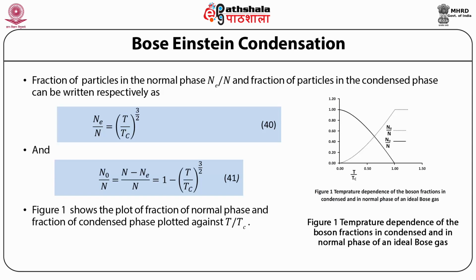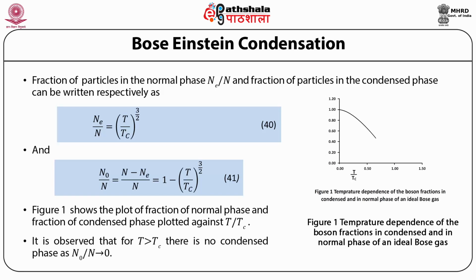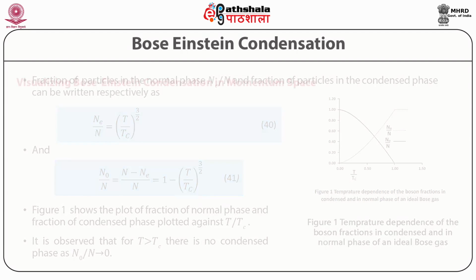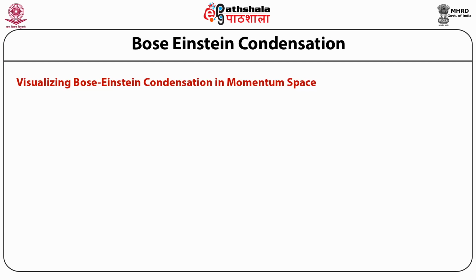Figure 1 shows the plot of the fraction of normal phase and the fraction of condensed phase plotted against T upon Tc. It is observed that for T greater than Tc, there is no condensed phase as N0 upon N approaches 0.